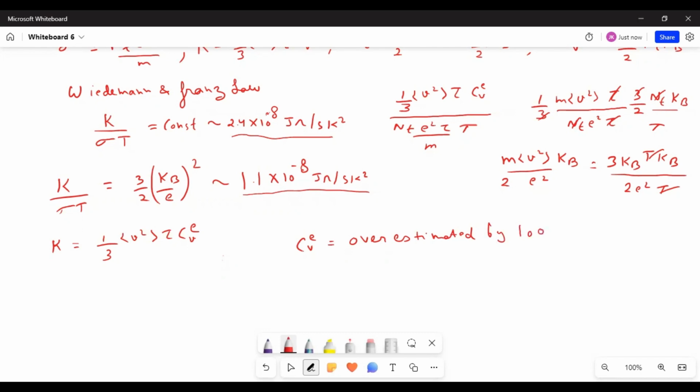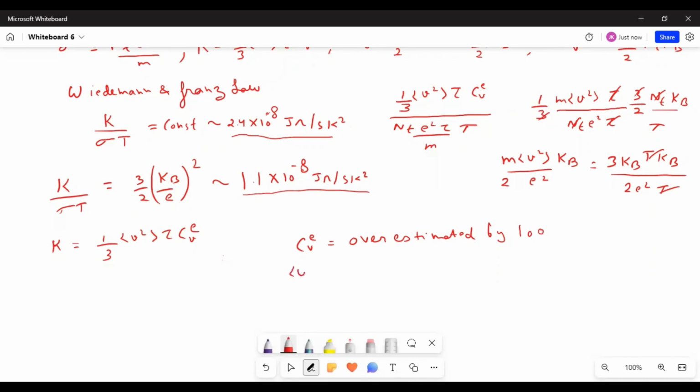People have experimentally measured this value at very low temperature, so that all the contribution comes only from the electrons, and they found the value to be 100 times lower than the value predicted by Drude model.